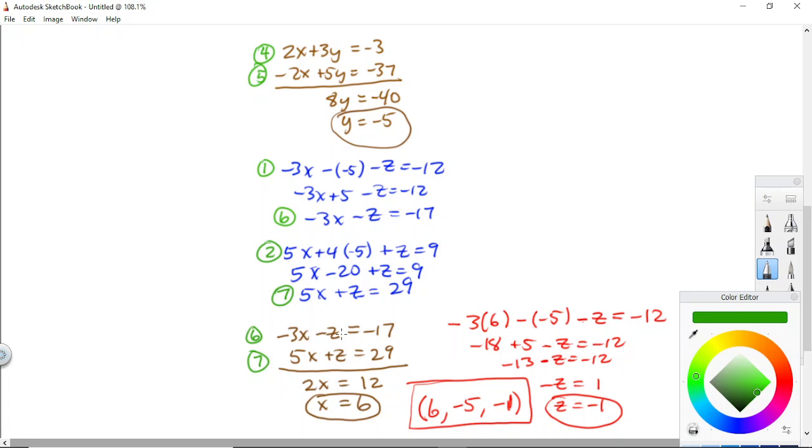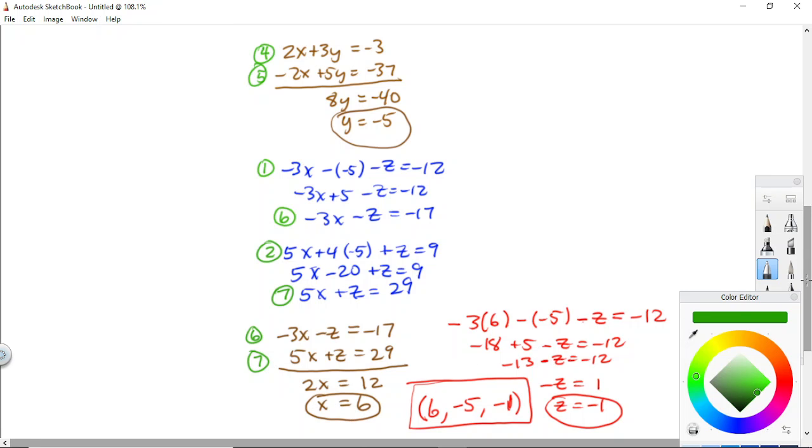We don't have to do any multiplying, because they've obviously done this intentionally, which was very kind of them. We add these together and we get rid of the z. We just have 2x equals 12. Solve for x by dividing by 2, and now we have x equals 6.